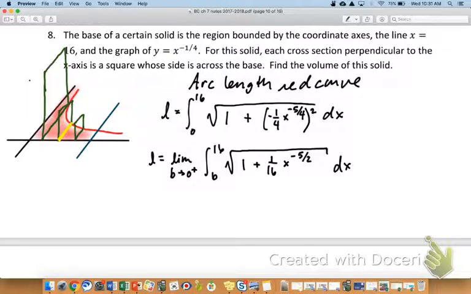Volume using washers, which is essentially a disc minus a smaller disc. You also have volume by cross sections, like the couple we did today. And then you've got length of a curve, which is what we just finished with. We didn't really finish with it, but we at least set it up, right? And maybe the integrand is not going to work.